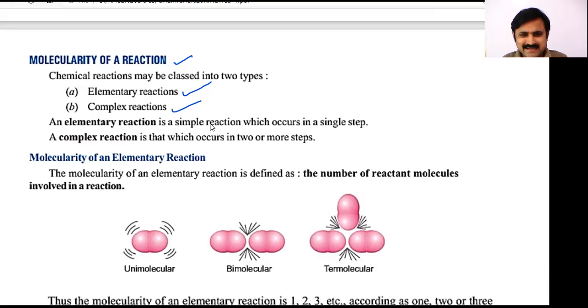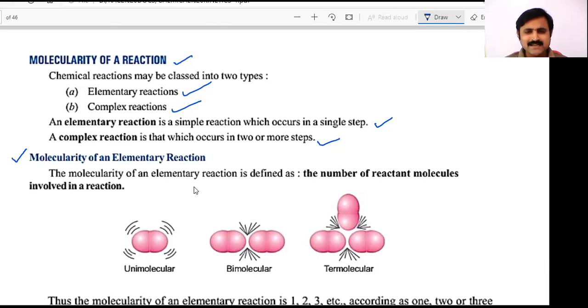An elementary reaction is a simple reaction which occurs in a single step. What about the complex reaction? A complex reaction occurs in 2 or more steps. So let us see what molecularity of an elementary reaction is.